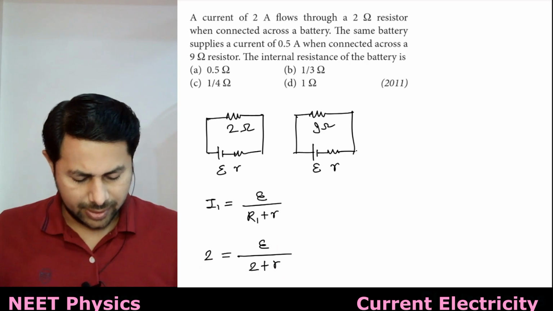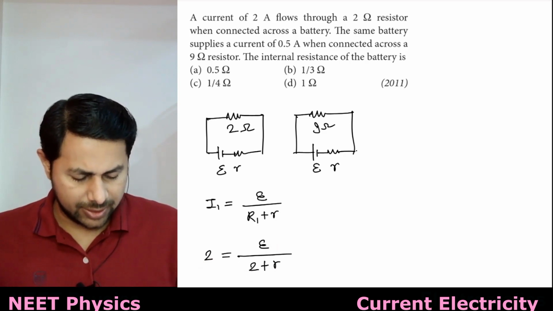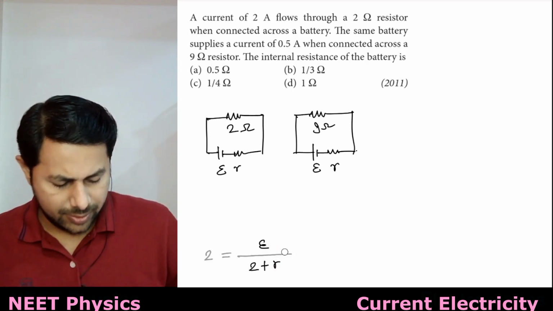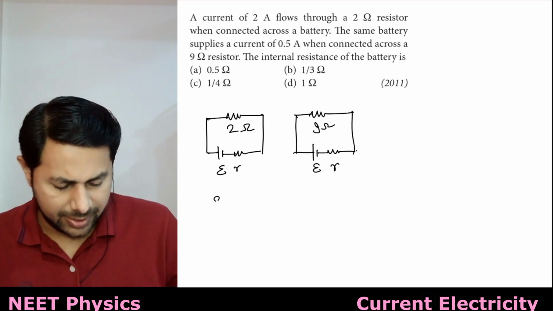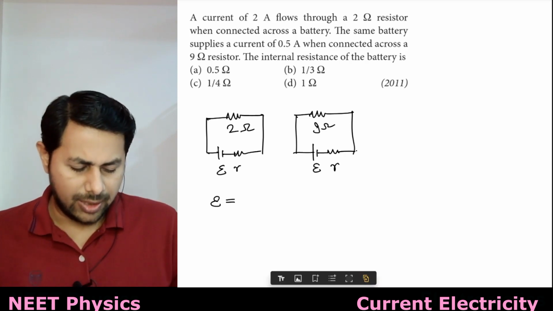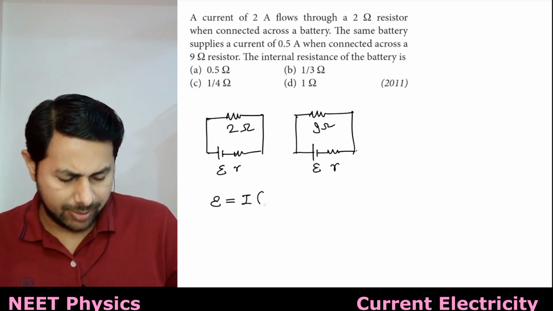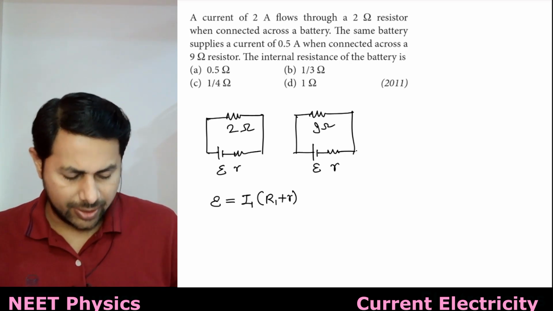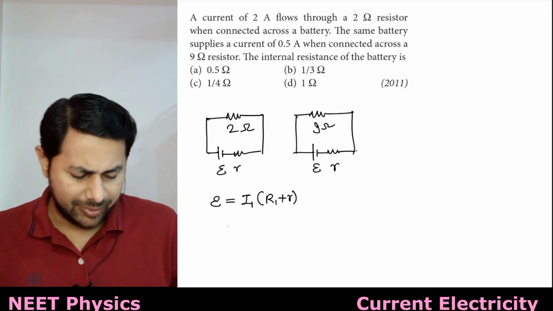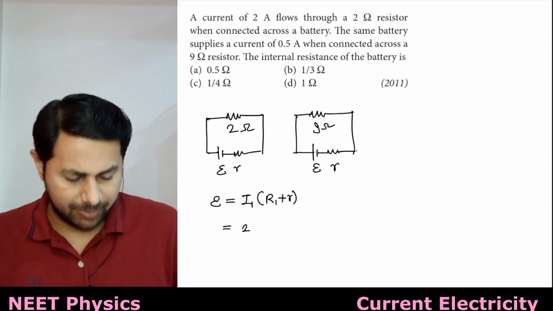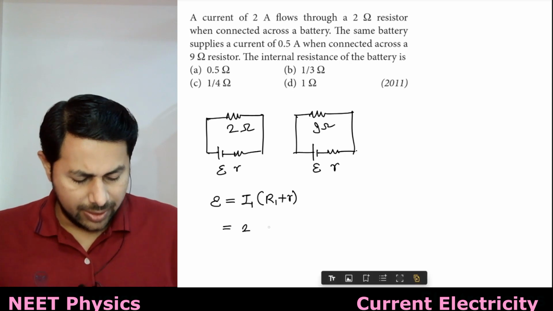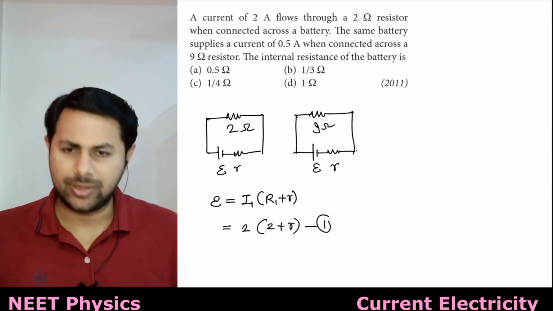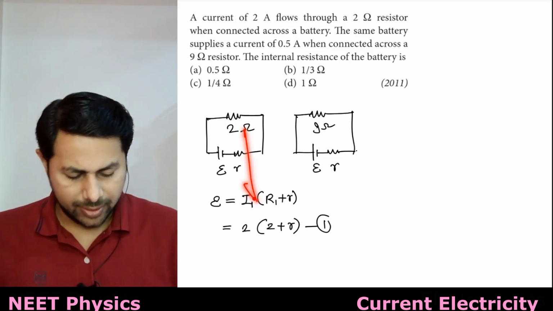We can write it like this: E is equal to I1 multiplied by R1 plus small r. What is I1? I1 is 2 amperes. What is R1? R1 is 2. So E is equal to 2 times 2 plus small r. This is your first equation.